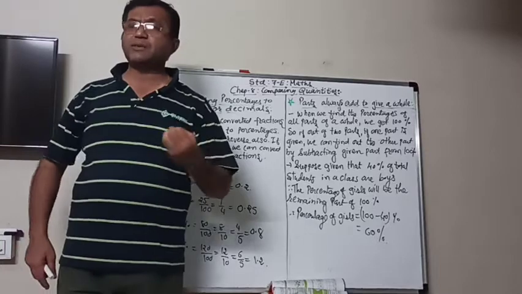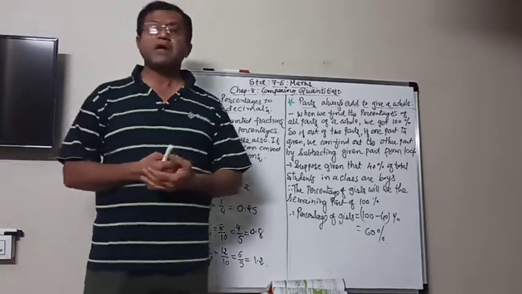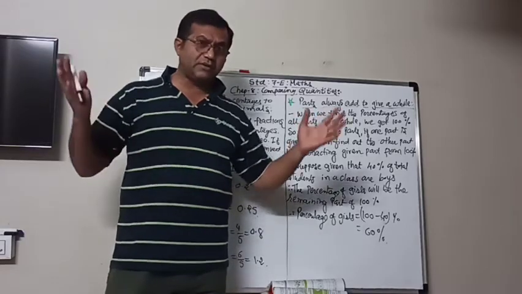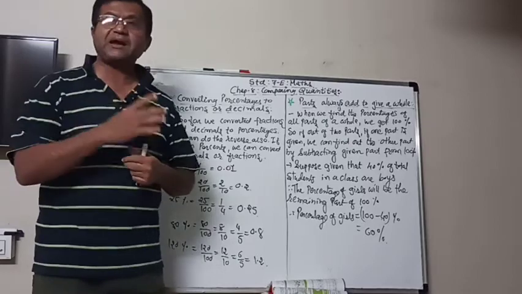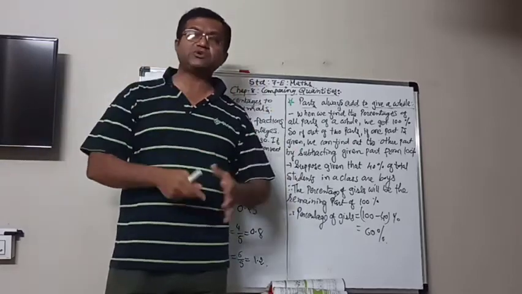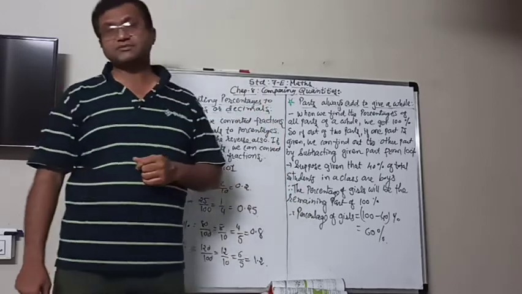Now if we want to know the percentage of girls, what can we do? We know that if all the students are there, they are 100%. Means if the total students are 100, then out of 100, 40 are boys.